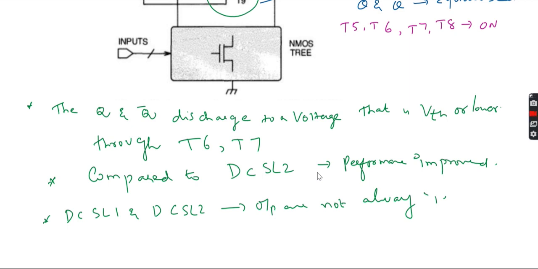But the evaluation starts with the low going clock. The switch T1 will be switched on, and the output nodes will be charged high through T2 and T3, which are on because of the existing low voltage pre-charge at the outputs in the previous cases. So these are some important observations we made in this improved pre-charge differential current switch logic.